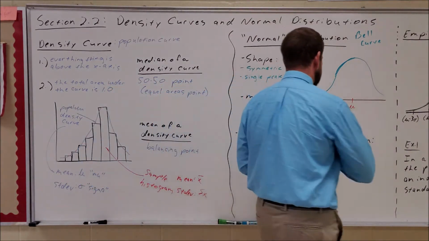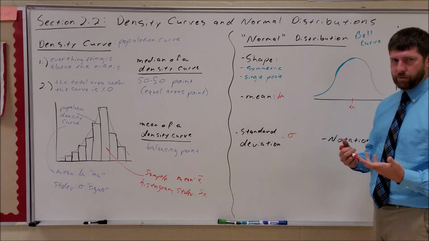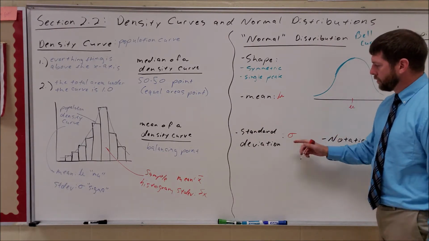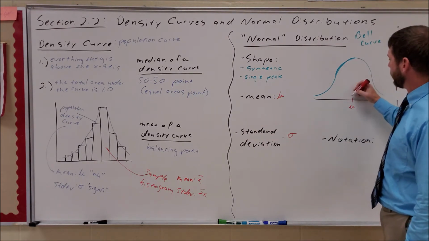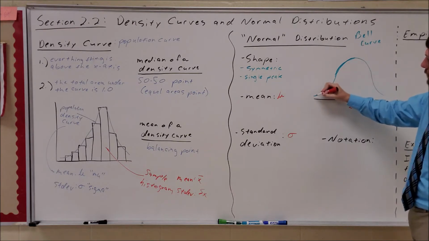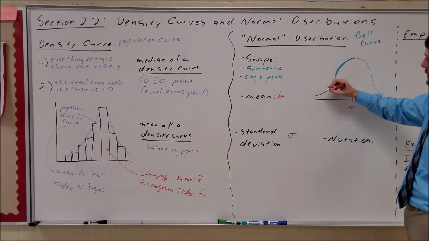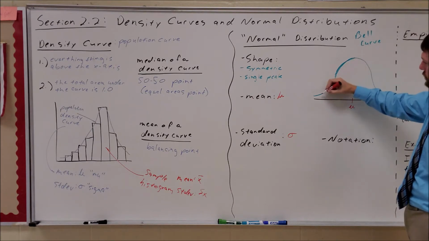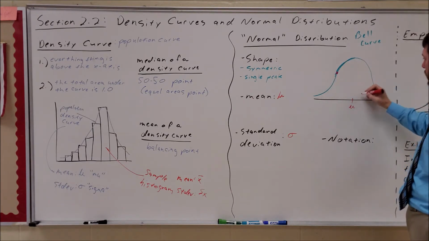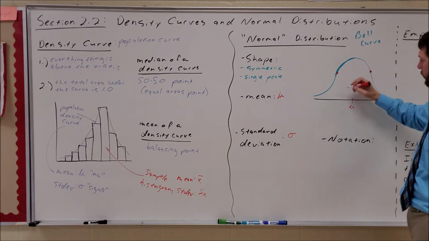And that is going to be what happens at one standard deviation. At one standard deviation, if I look to the left and right, see how this graph goes from curving up to curving down? It's still increasing, but we changed which way it's curving right about here and right about here.